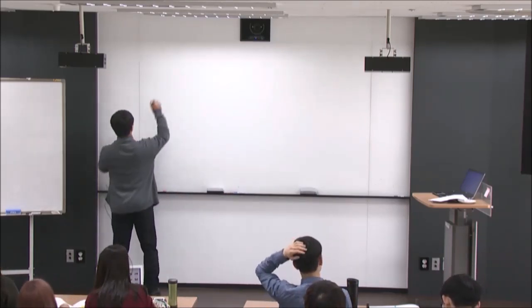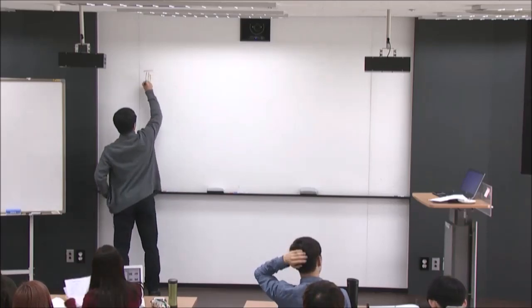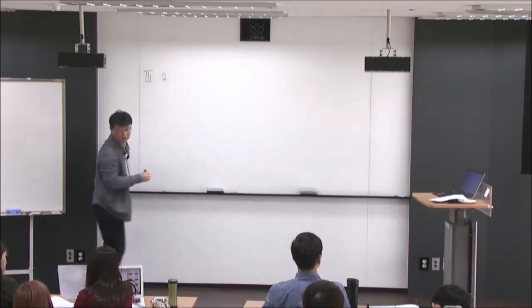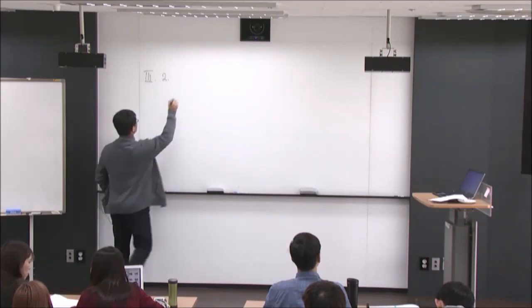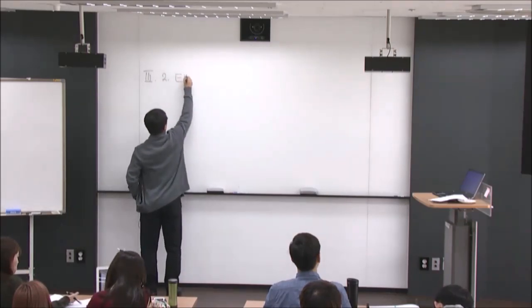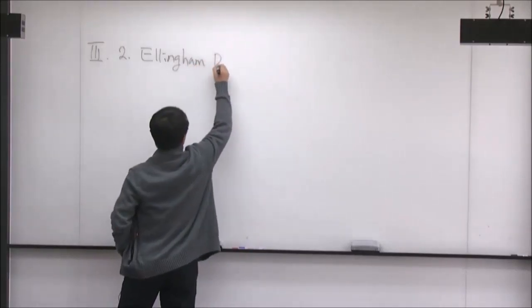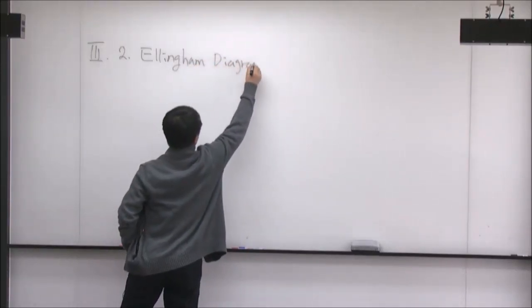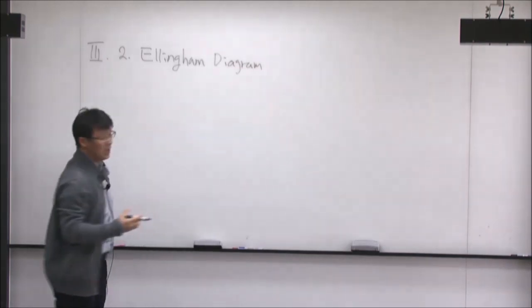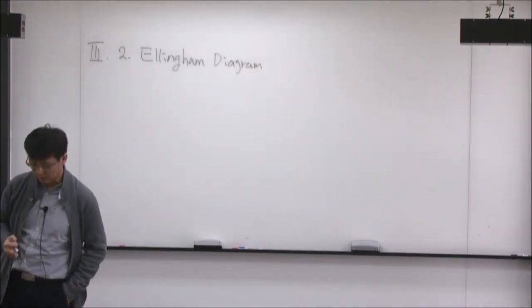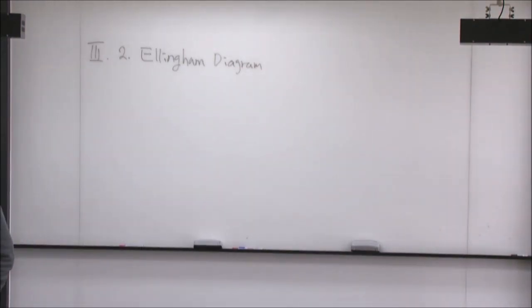So this is chapter 3.2, is it right? Today the title is the so-called Ellingham diagram. The Ellingham diagram was presented by Dr. Ellingham, so we named it after him.